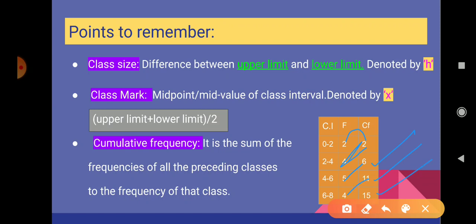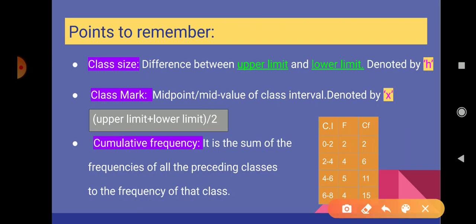So this is how you have to find the cumulative frequency. So observe again, for the first frequency you add 0 and get the same value, 2 plus 0, or 6 plus 0 is 6, same as it is. For the next cumulative frequency, you have to add the preceding frequency, 2 plus 4.